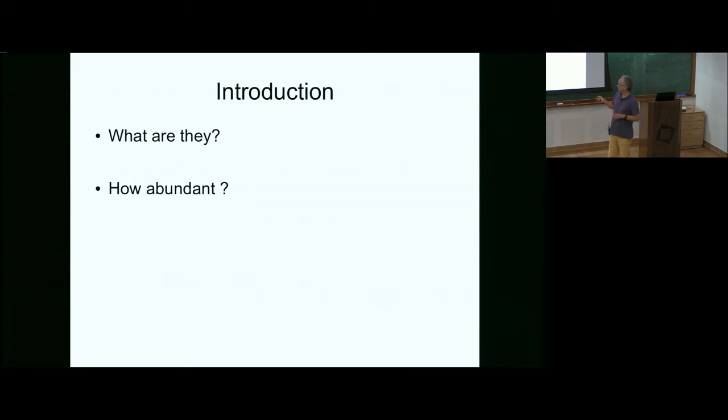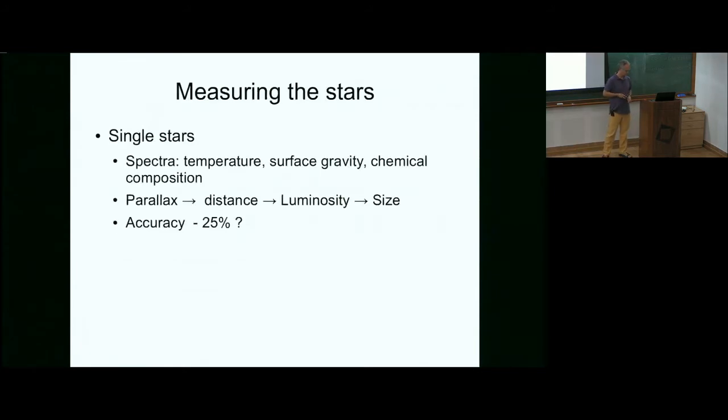So we know that binaries are abundant. About 60% or so of stars are binaries, and even a small percent of stars are hierarchical triple or multiple systems. So these systems are very important in order to understand the stellar population and the stellar evolution.